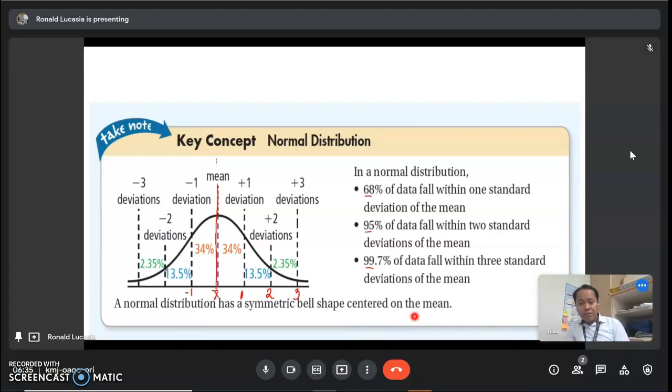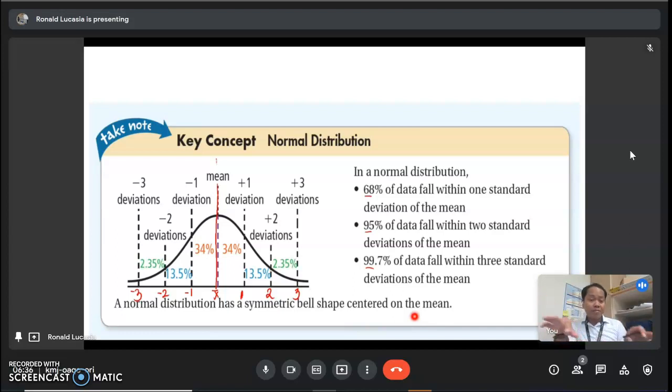This one is one standard deviation below the mean, two standard deviations below the mean, and three standard deviations below the mean. 68% of data fall within one standard deviation of the mean.